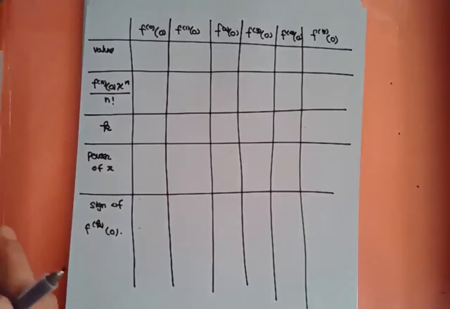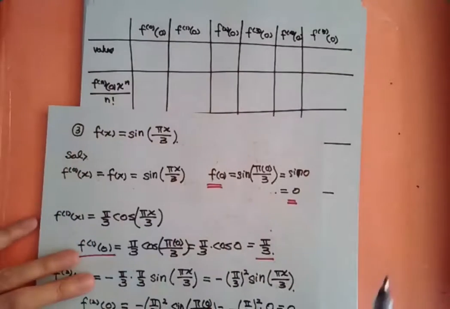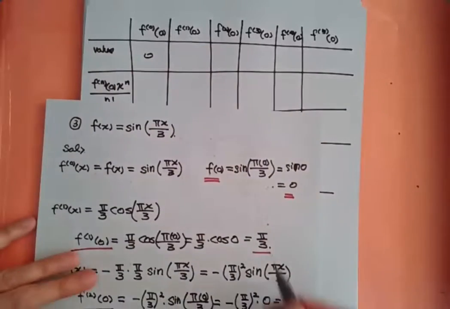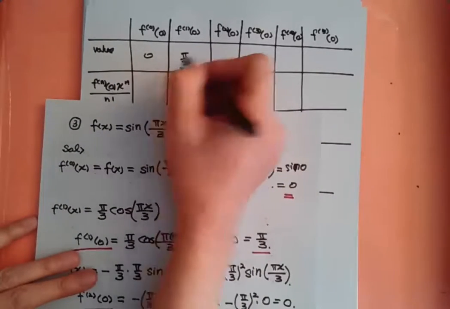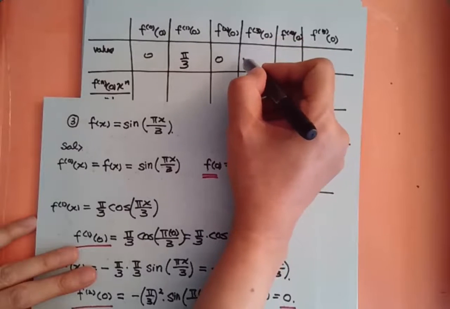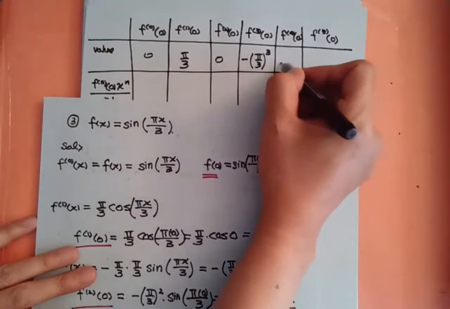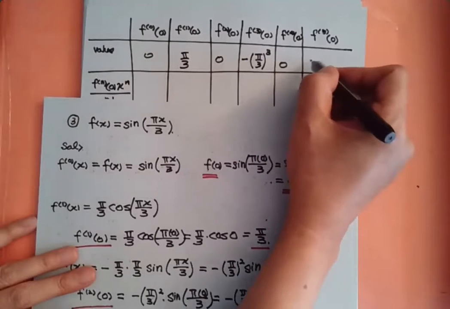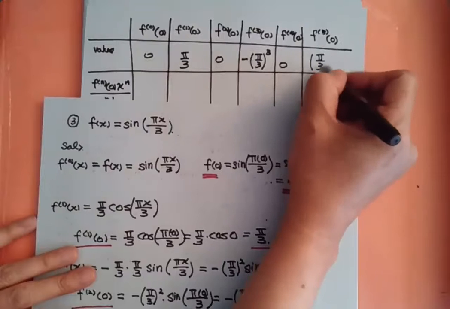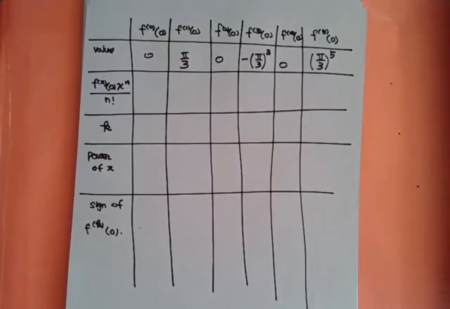So what I want to do is fill out this blank. The first value is 0, the second value is pi over 3, and then it became 0. And it became alternating, so minus pi over 3 cubed, the odd degree 3, and then 0, minus, and then plus, and so pi over 3 increasing by the odd degree power, so pi over 3 to the fifth power.